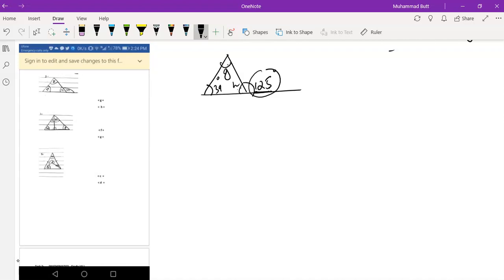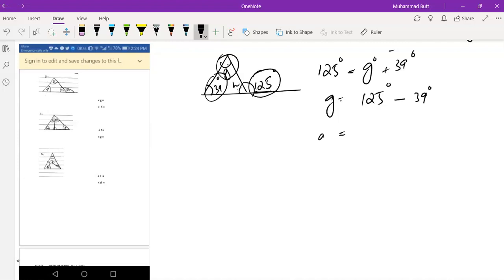The exterior angle is 125 and that is equal to the sum of the opposite interior angles. The opposite interior angles are G and 39. So 125 is equal to G plus 39, or G is equal to 125 minus 39. So the value of G is 86 degrees.